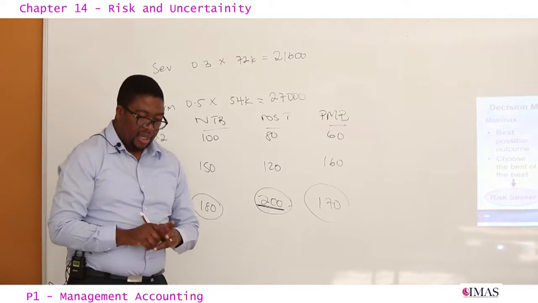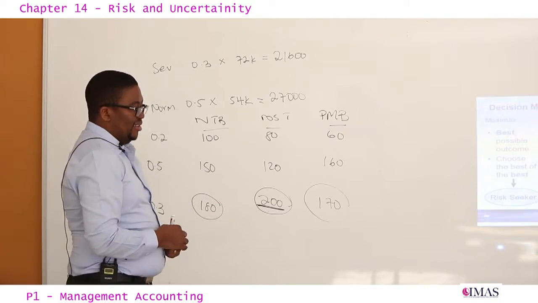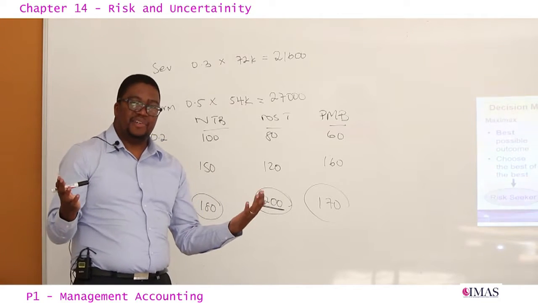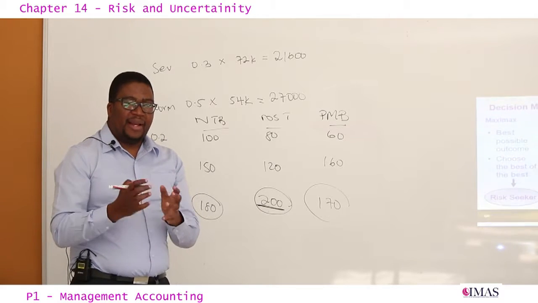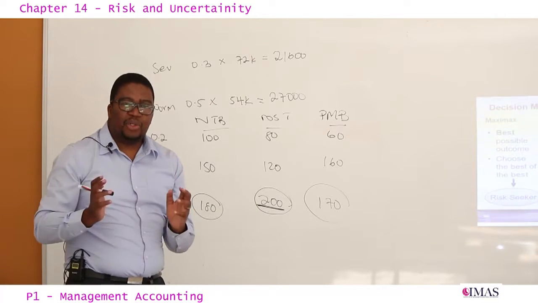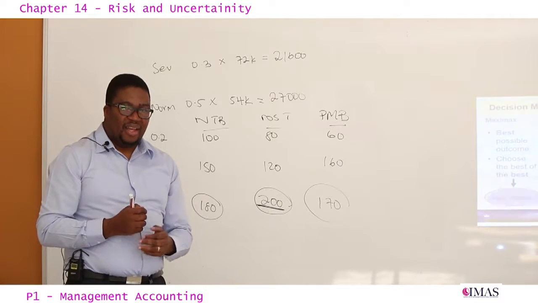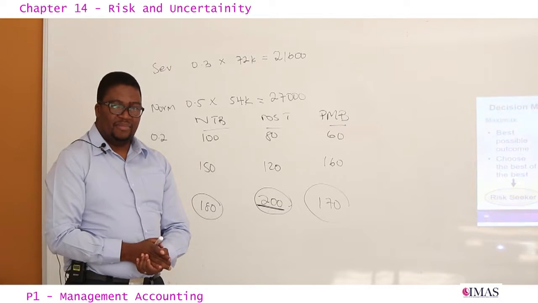Good. Then the second guy is known as risk averse. This is the guy who doesn't want to assume a huge amount of risk. He is looking for a guaranteed outcome without assuming any amount of risk. What is the guaranteed outcome?